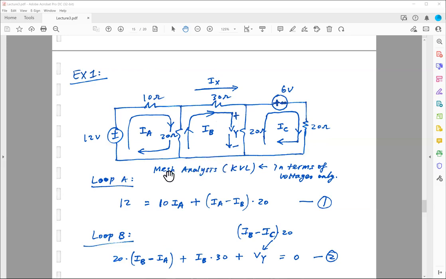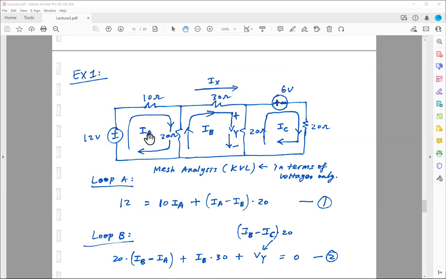So remember, we are going to use mesh analysis to find each loop current, IA, IB, and IC. And mesh analysis is based on KVL, so I'm going to have to use KVL for each of these loops.